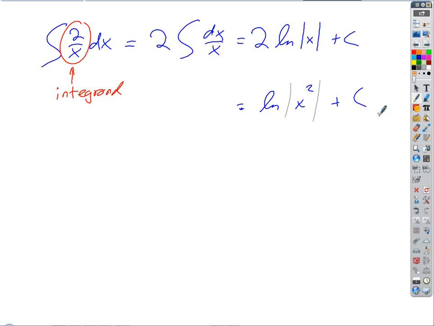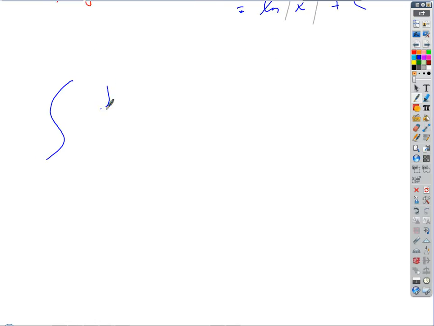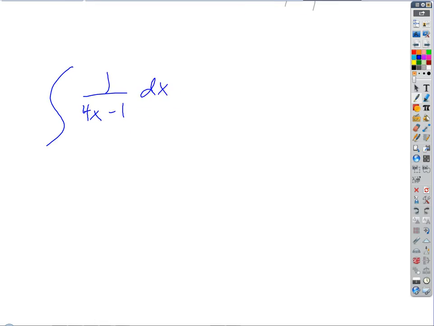All right, let's try another one. How about something like that? It's dx over 4x minus 1. You're just changing variables.